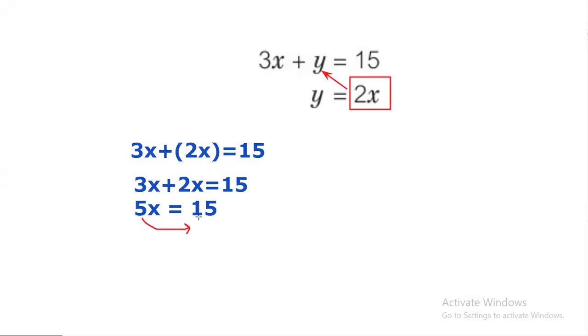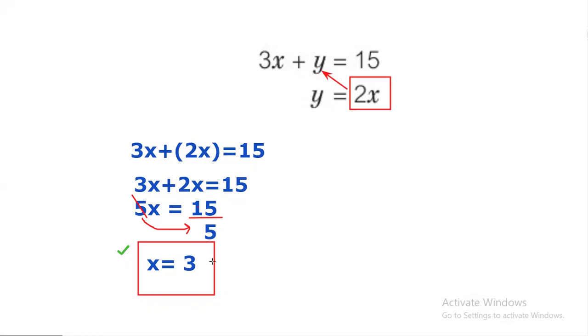So I'm going to divide this side by 5 and remove it from here. So x will equal 15 over 5, and then x will equal 3. Very good. So here I found the value of x, and this was the first part of solving simultaneous equations. Now I want to find the value of y using the value of x.